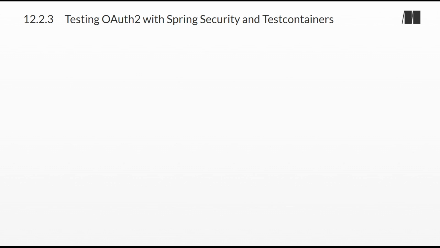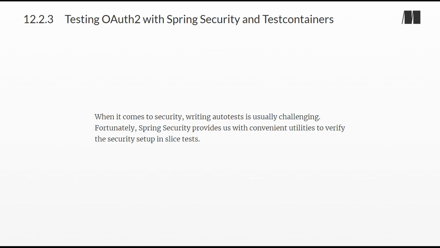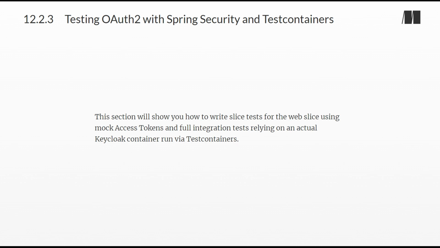Section 12.2.3. Testing OAuth2 with Spring Security and Testcontainers. When it comes to security, writing autotests is usually challenging. Fortunately, Spring Security provides us with convenient utilities to verify the security setup in slice tests. This section will show you how to write slice tests for the web slice using mock access tokens and full integration tests relying on an actual Keycloak container run via Testcontainers.